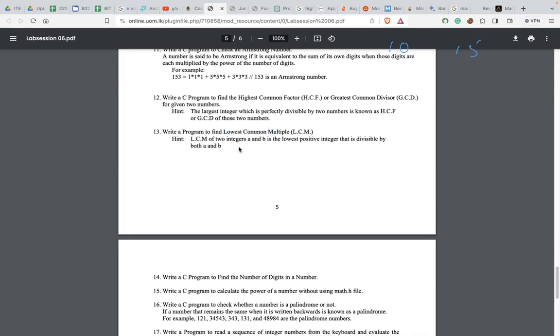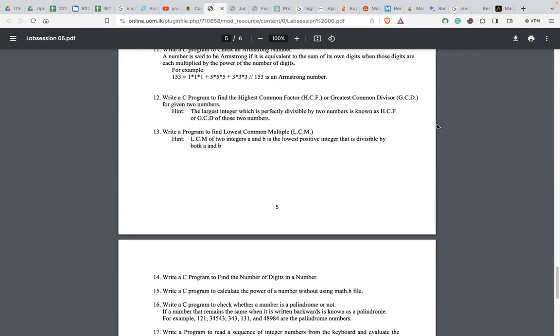Okay. So if you have two numbers, we need to find the lowest common multiple. Okay. What does it mean by lowest common multiple? Let's say you enter two numbers. What are the two numbers?